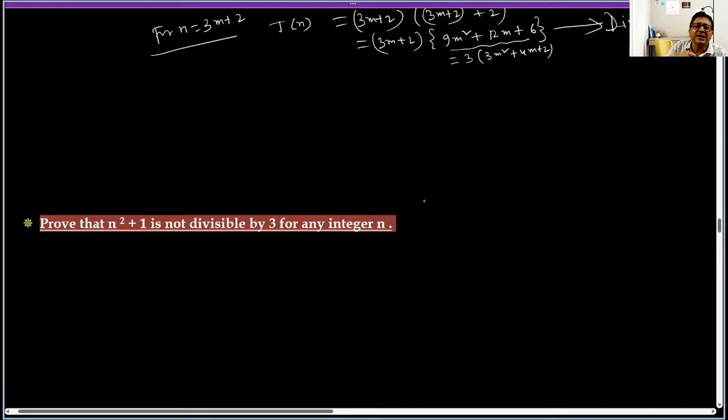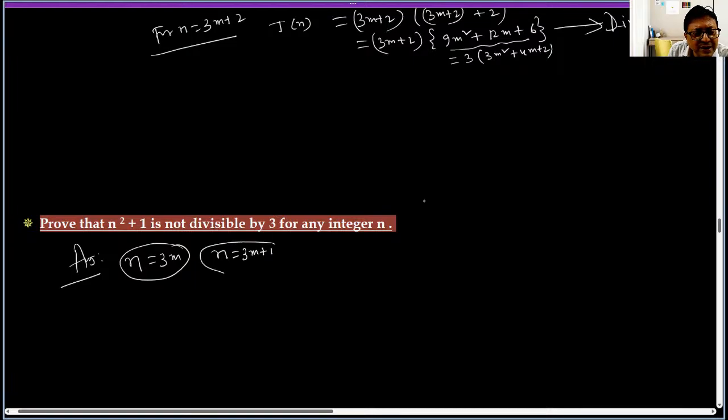But when you are considering divisibility by 3, it is better you consider Euclid's lemma for divisibility by 3 only. So when you are answering it, you take n equal to these three numbers: 3m, 3m plus 1 and 3m plus 2. Clear?